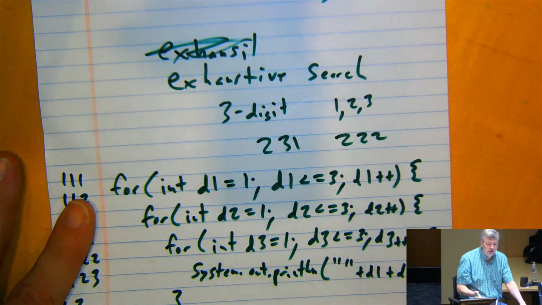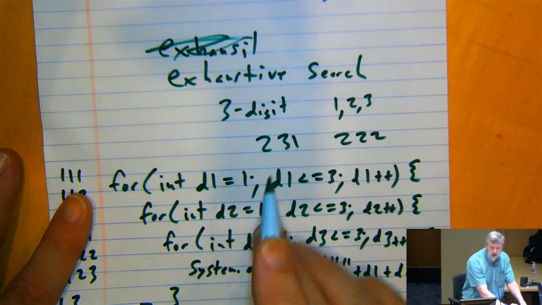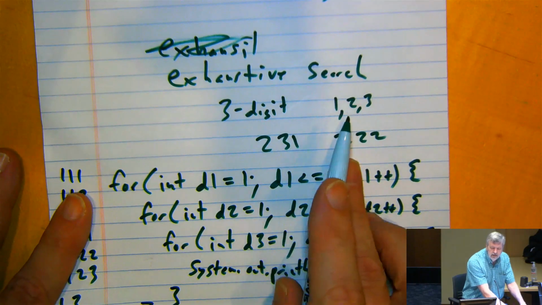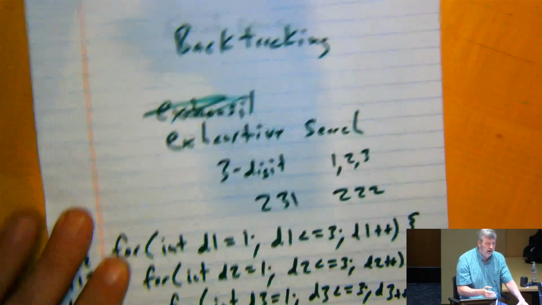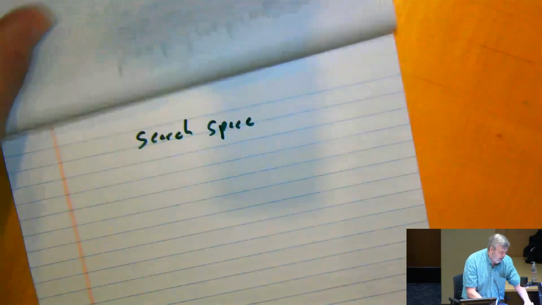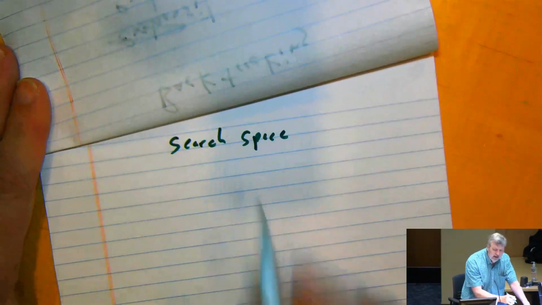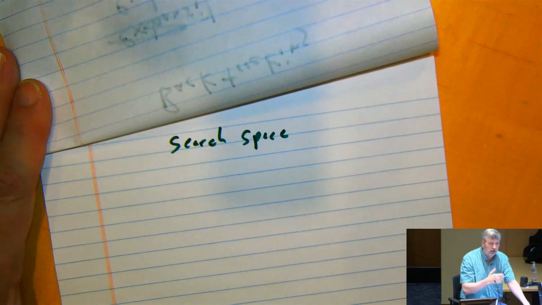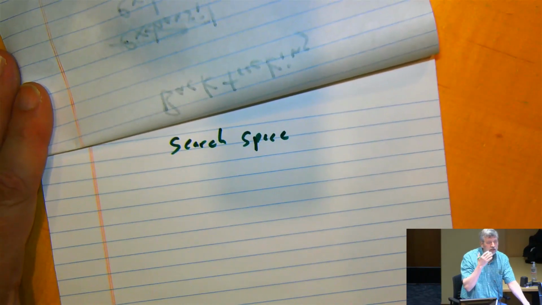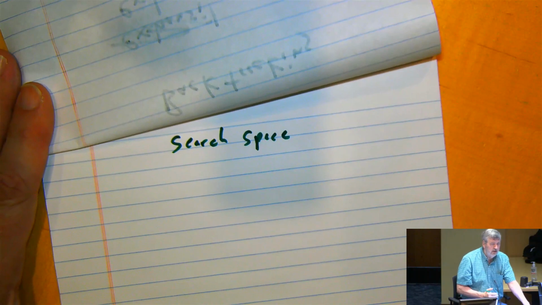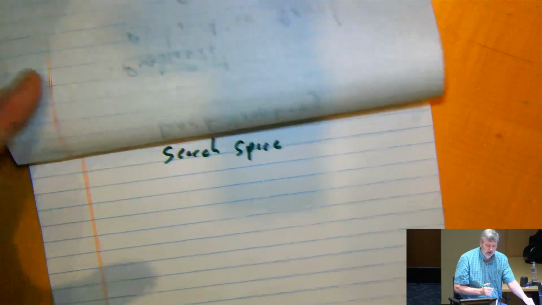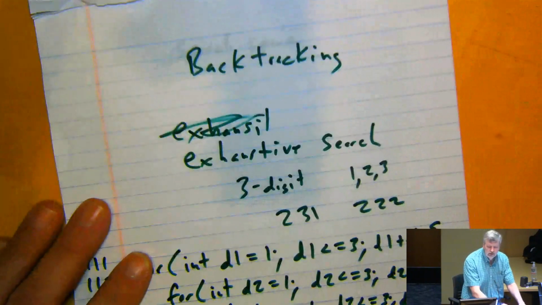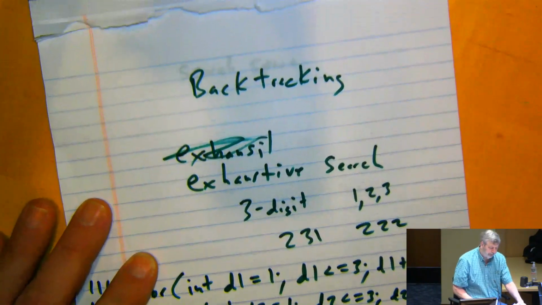There are lots of 3-digit numbers, some of which satisfy my constraint that they're composed of just the digits 1, 2, and 3. But the general search space might be bigger than that. So we have lots of possibilities, and we're looking for what we would consider a solution. There's some criteria that say this is a legal solution, in our case, things composed of 1s, 2s, and 3s.